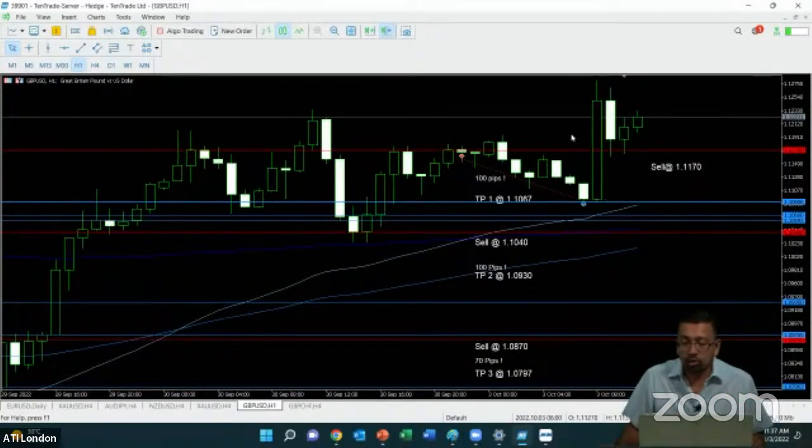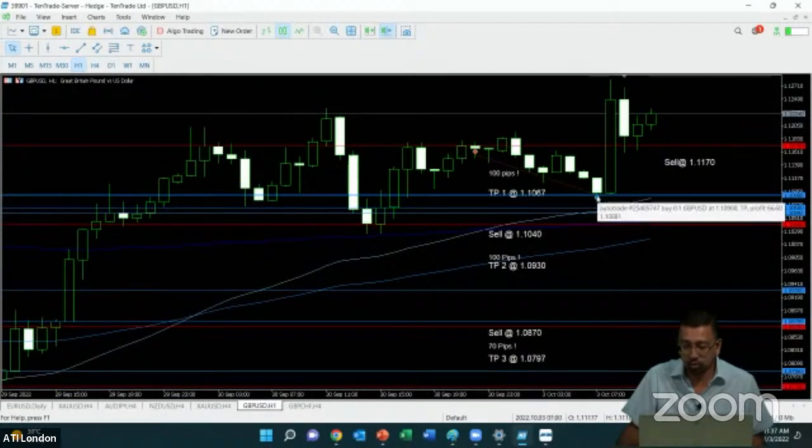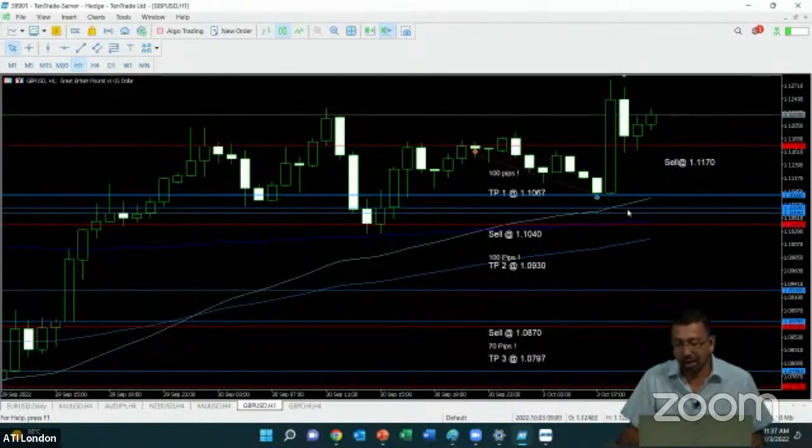But as we can see, I've benefited in the trade right here on the sell. So I've made about 30 pips or so on that one there. And that has been marked where I have gained on the sell.